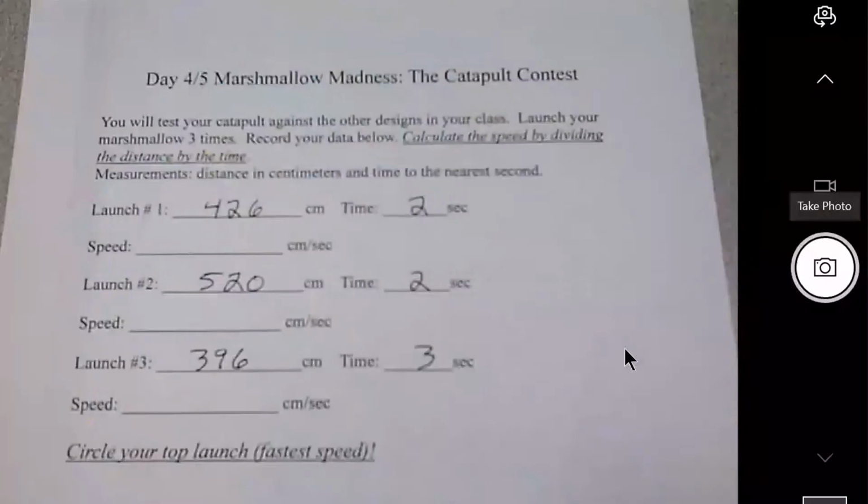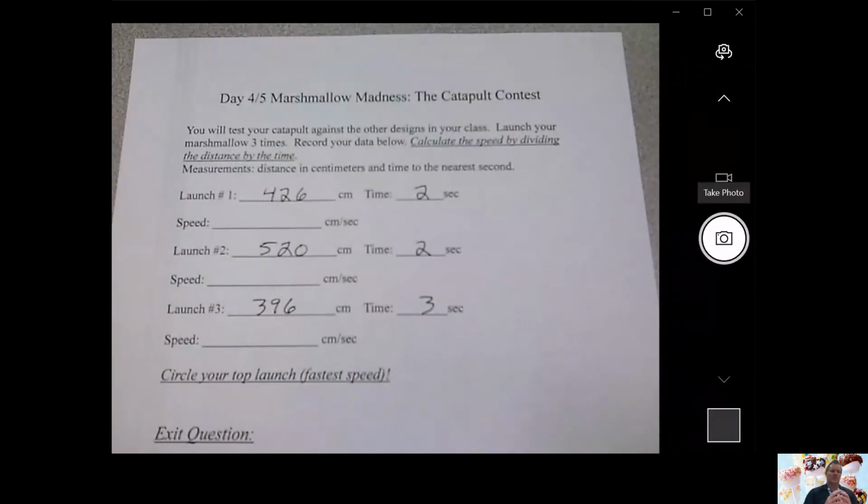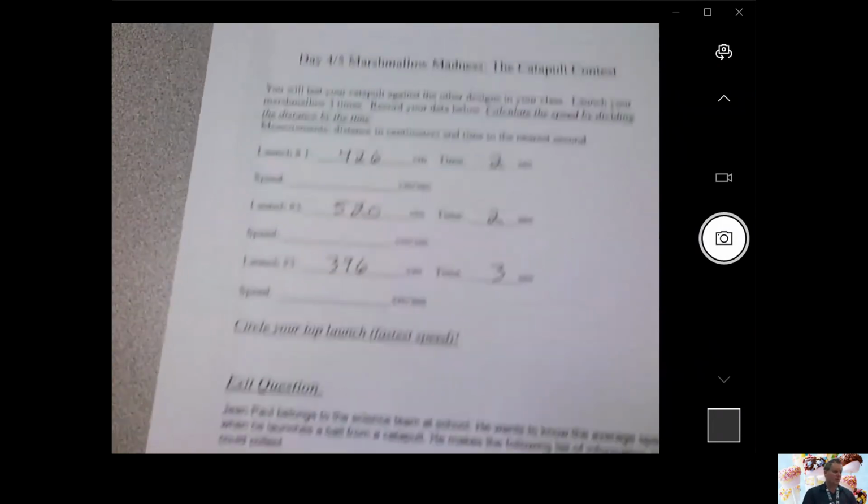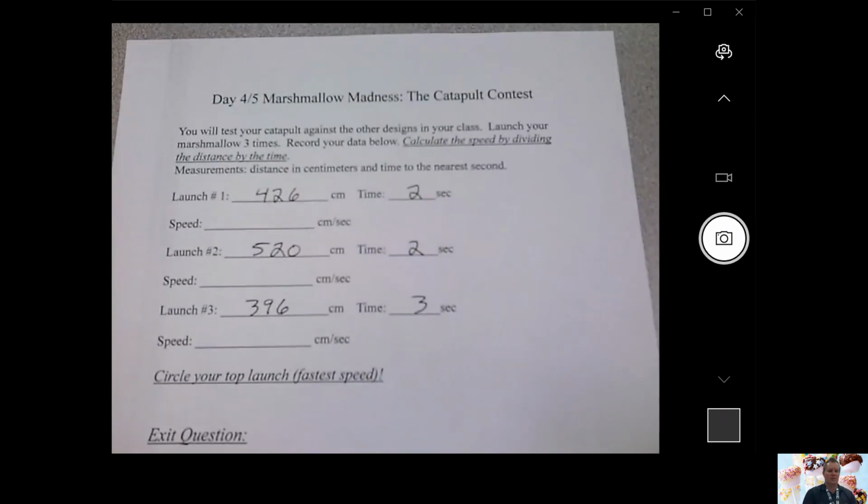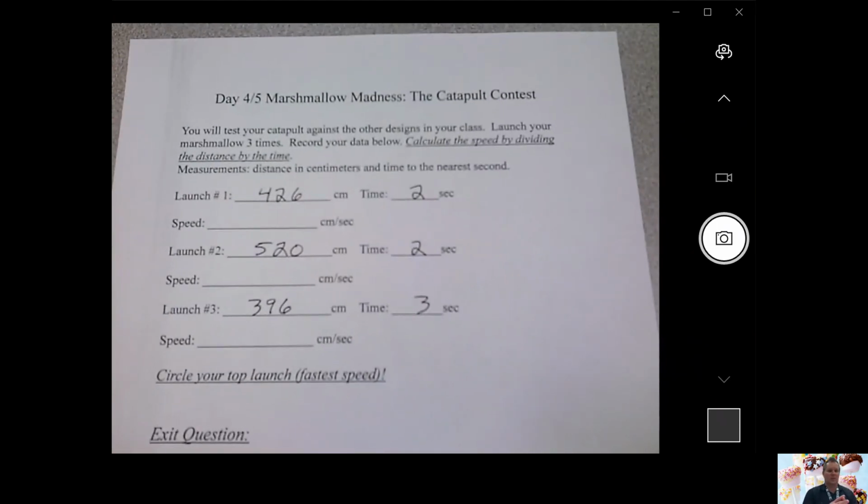There's an optional sheet that your teacher could give you, or you can do this in your science notebook. I'm going to share my screen so you can see what I'm looking at. This is the recording sheet that you can use, and there's even an exit question at the end. We'll look at that question at the end to wrap everything up.